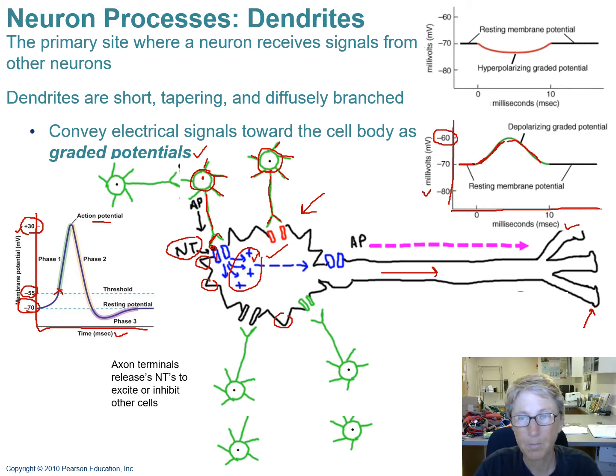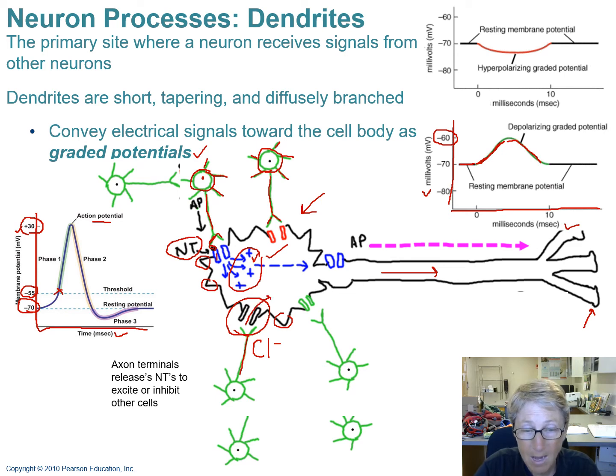Now, it's not really on this cartoon, but if you were this green neuron and you released a neurotransmitter that opened a chloride channel. Remember, chloride is negative. Chloride's larger on the outside than the inside of the cell, so chloride's going to come in.